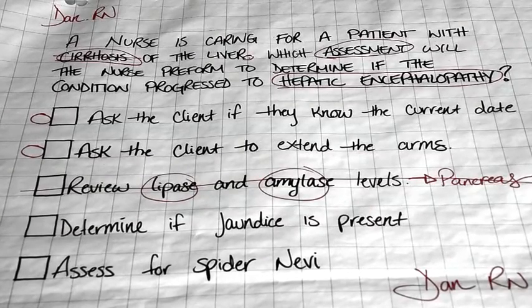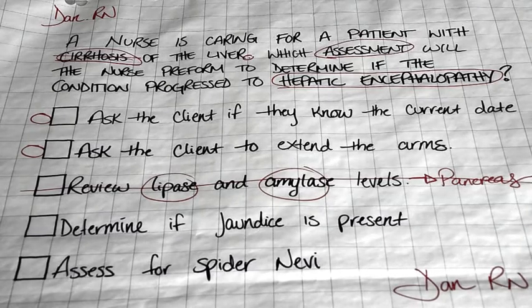The fourth answer choice says determine if jaundice is present. Now that's a pretty good one. Why won't we determine if jaundice is present? We're answering a hepatic question, and we know that perhaps there's going to be some jaundice if the liver's not working, right?